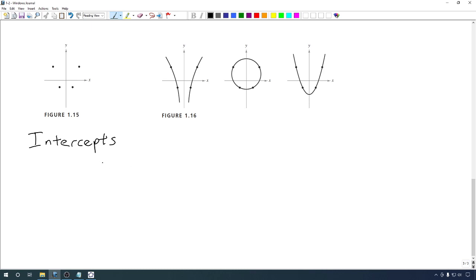Basically, if we have a particular equation, we can find out where the graph of that equation hits the x or y axes. Let's take an example. y equals x squared minus 1. If we want to know where this hits the x-axis, we get what we call the x-intercepts.